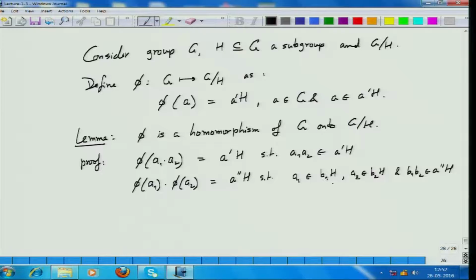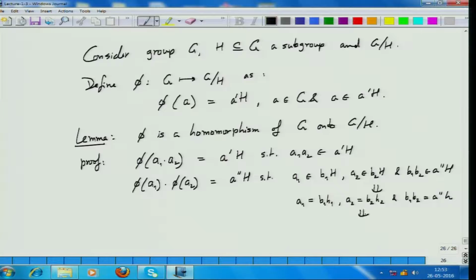A1 is contained in B1 H, A2 is contained in B2 H, and B1 B2 is contained in A double prime H. What about A1 A2? This implies that A1 is B1 H1, A2 is B2 H2, and B1 B2 is A double prime say H.